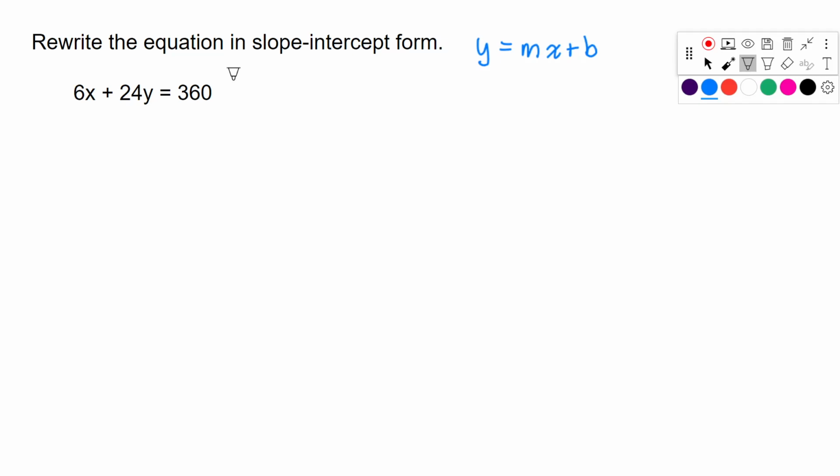So the first thing you want to do in this equation is isolate the y term. That means you need to undo the 6x from the left side of the equation. This is a positive 6x that's added to the 24y, so you want to subtract 6x from each side.